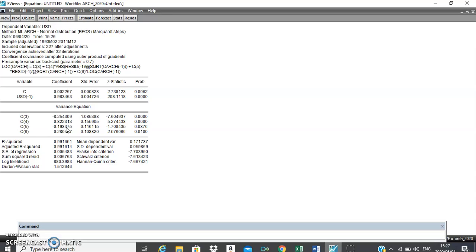Since it's less than 0, and it's also statistically insignificant because 0.08 is greater than 0.05, we are saying that the negative shocks will have a smaller effect on volatility than the positive shocks. So yes, there is a leverage effect, but it's not that much.